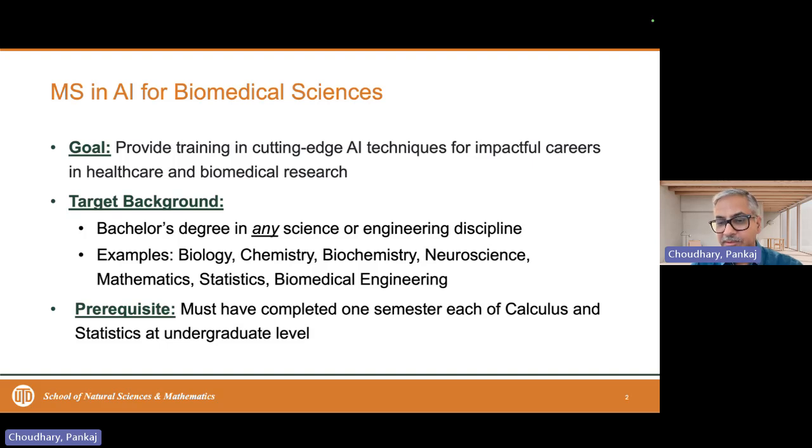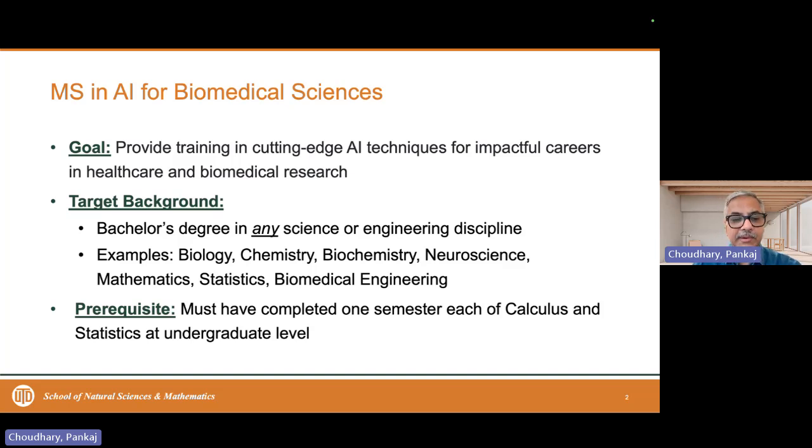Examples include biology, chemistry, biochemistry, neuroscience, biomedical engineering, and of course, if you have a strong background in mathematics and statistics, or even computer science, you may also benefit from this program. But the program doesn't require a strong background in mathematics or statistics or computer science.